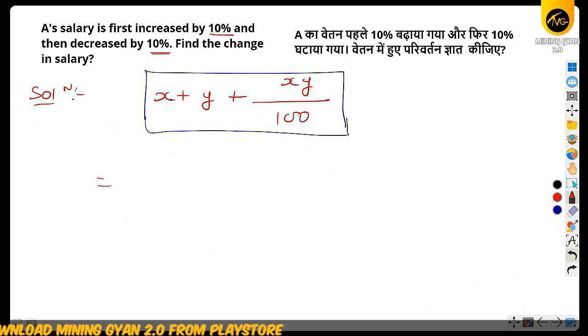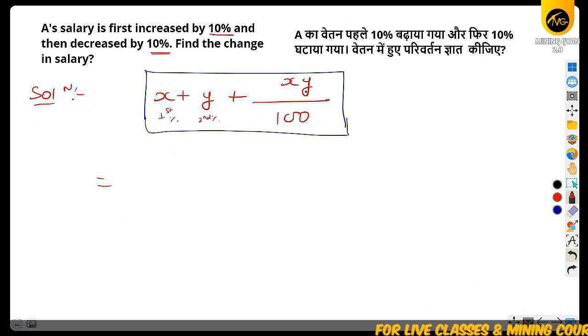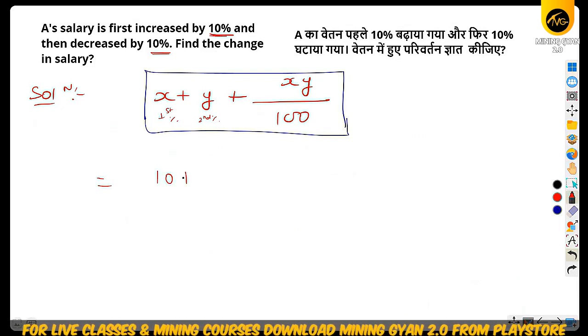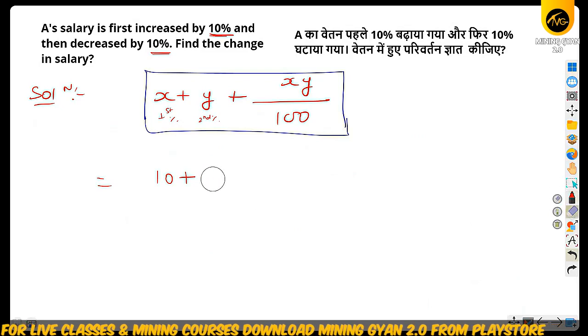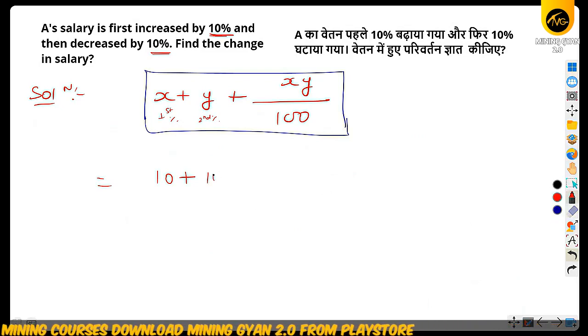Now basically x is the first percent and y is the second percent. Now the first percent is the increment, that is 10, and then decreased by 10%, so the second percent is y, that will be 10. Now if there is an increment, then the sign will be plus, and if there is a decrement, then you have to use the minus sign.